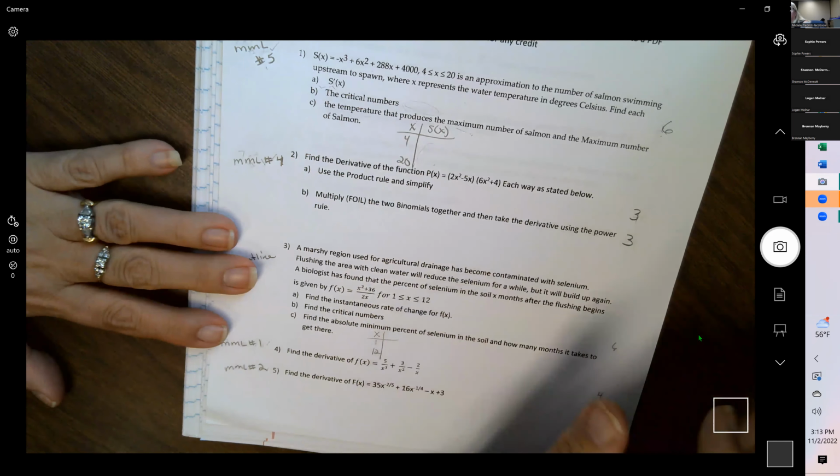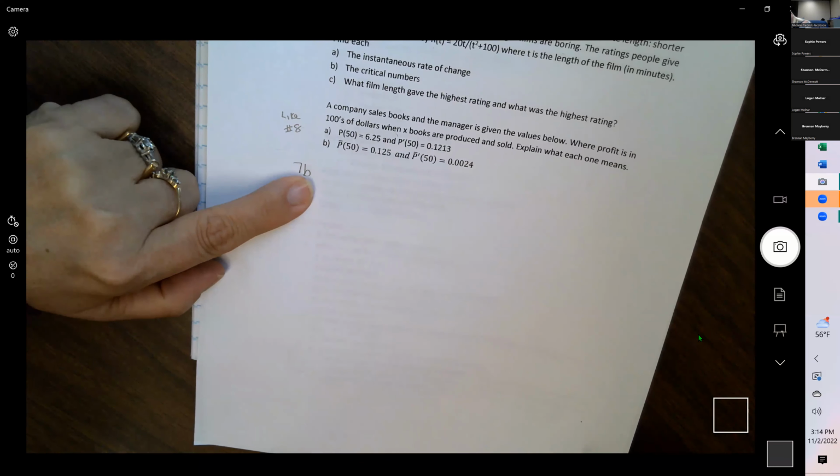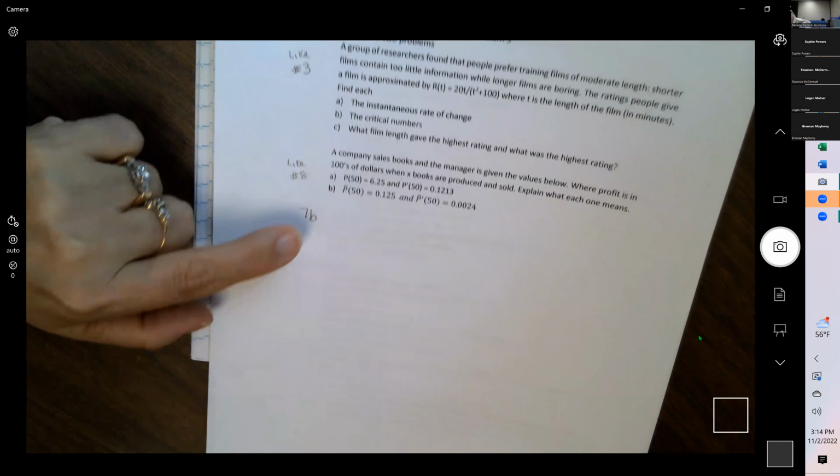So I did this problem, it's under Media Gallery, and I did this one, and I did 7B. So these 3 are under the Media Gallery. And it'll say 3, 8, and 7B.